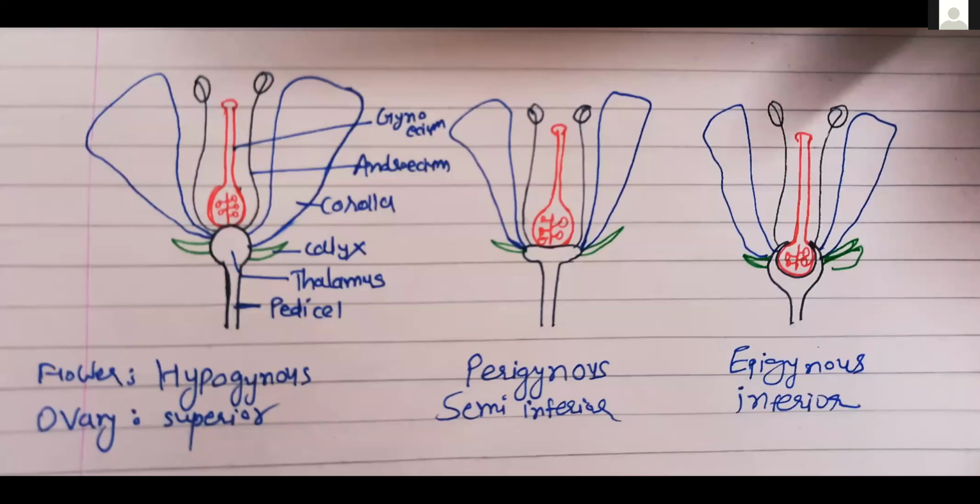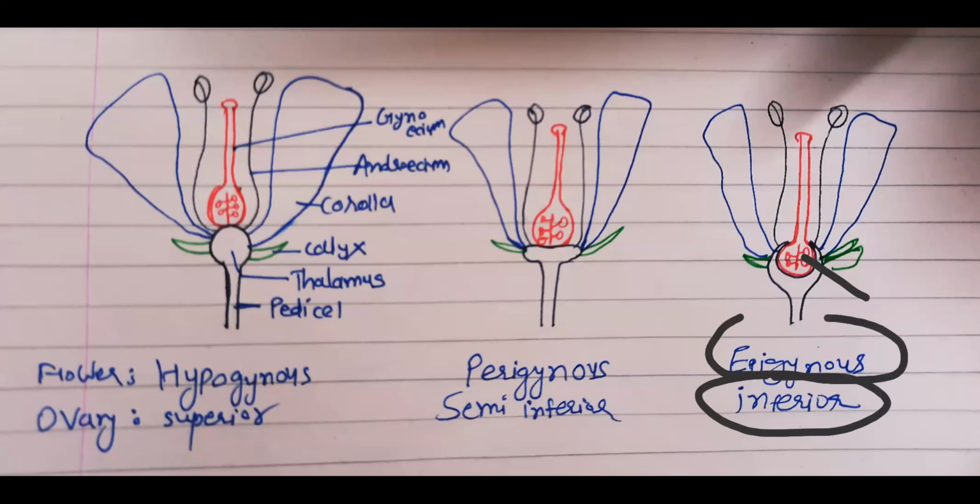So in the third type of flower, the gynoecium, particularly the ovary part, this part, right? So that's why we say the position of the ovary is totally inferior, inside that cup-shaped thalamus. Flowers containing an inferior ovary we call epigynous.